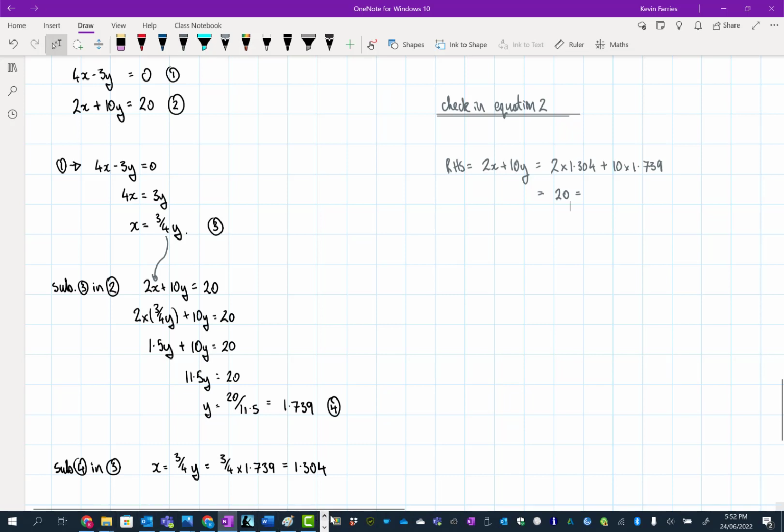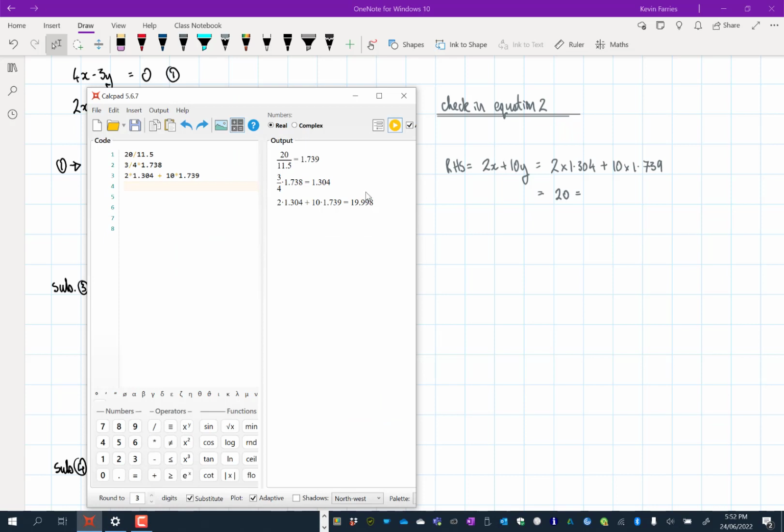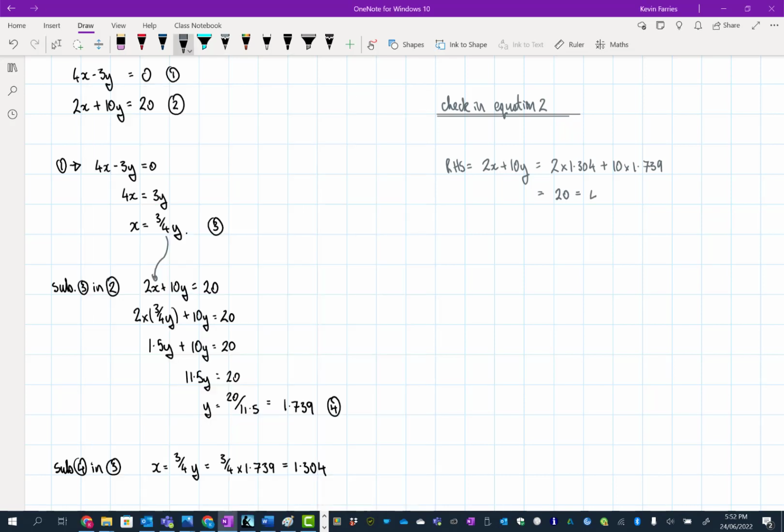Let me make sure you can see what I'm on about. So we've got a bit of an error. Why is there an error there? Because we've rounded these values a little bit. So we've only had 4 significant figures. That 4th significant figure is a little bit out, but that's okay. It's near enough. So it's pretty much equal to 20, which is the left hand.